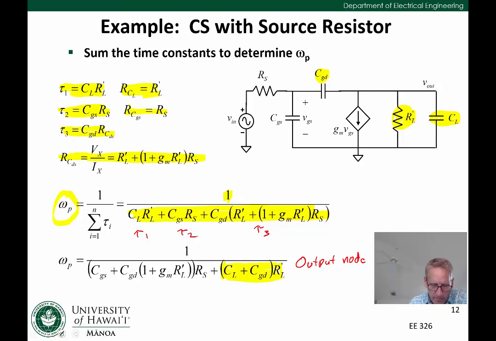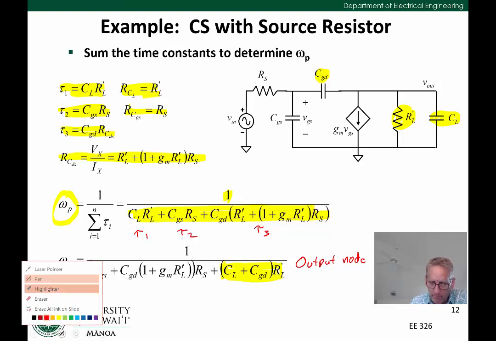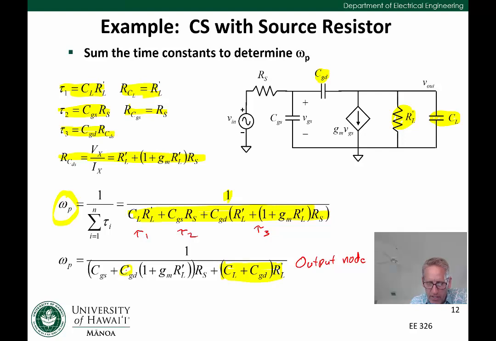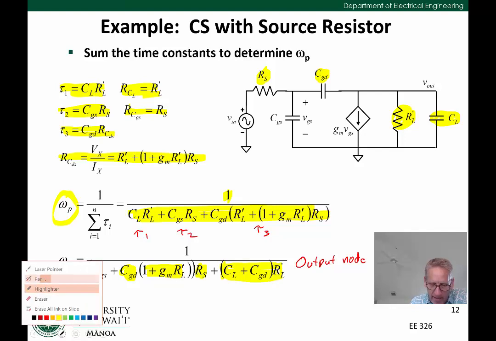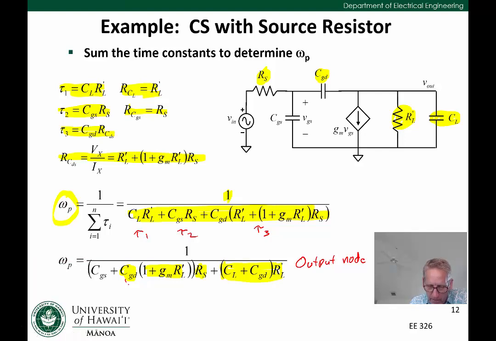Now let's look at the other term. So what we see here is CGD being multiplied by 1 plus gm RL, and that gets multiplied by Rs. So we have Rs being multiplied by this capacitor, and this effect right here is the Miller effect on CGD.